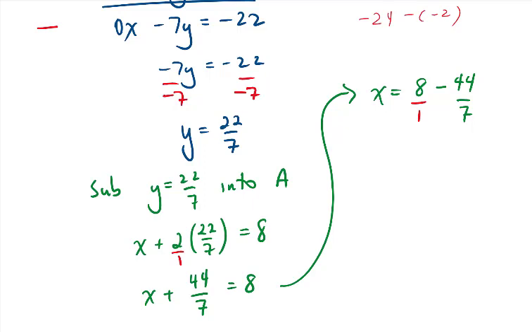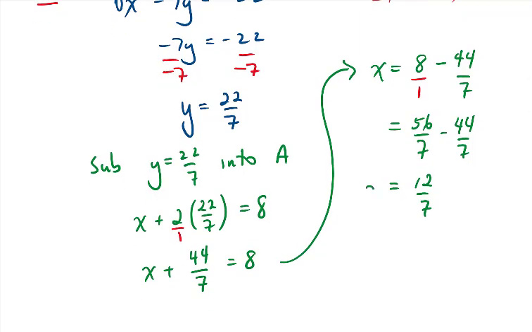Next step is to find a common denominator so we can finish the subtraction. So an equivalent fraction for 8 over 1 would be 56 over 7. And then we're going to subtract the 44 over 7. If we do 56 minus 44, we end up with 12 over 7.